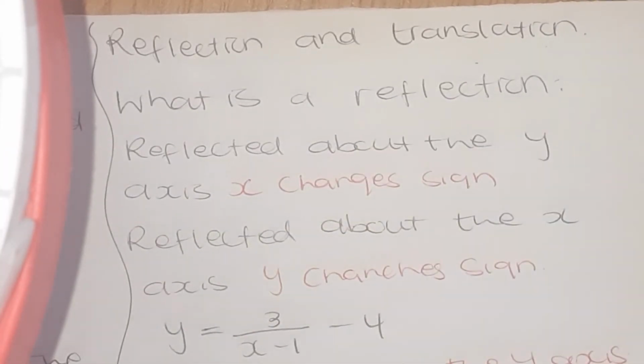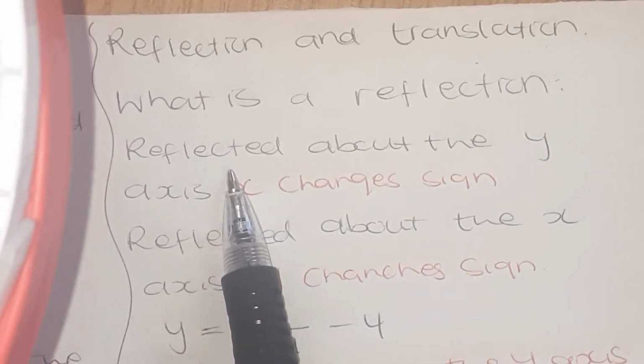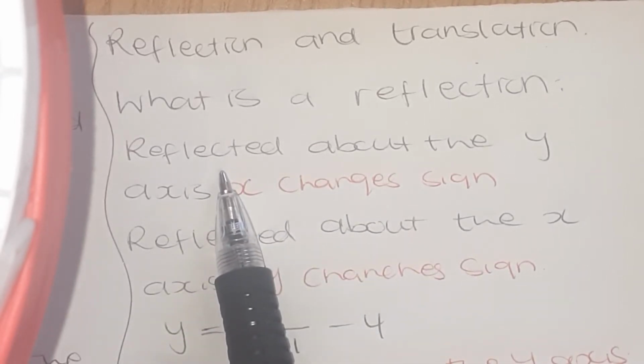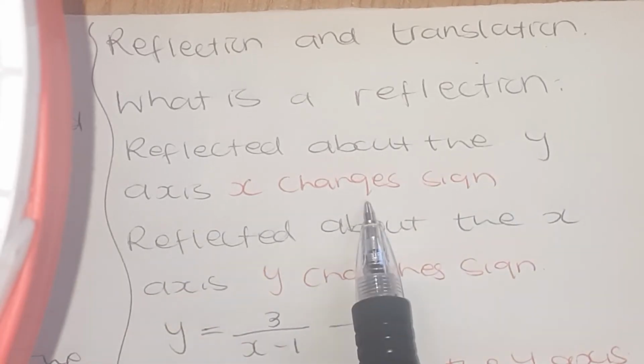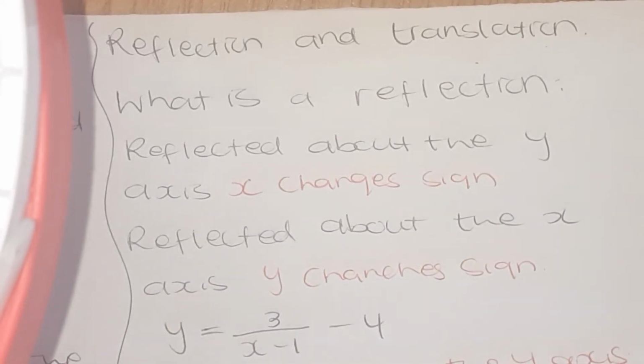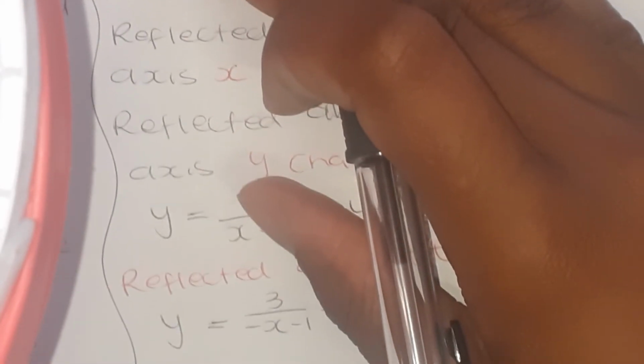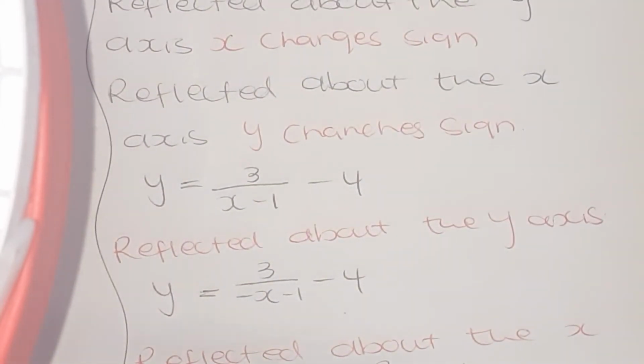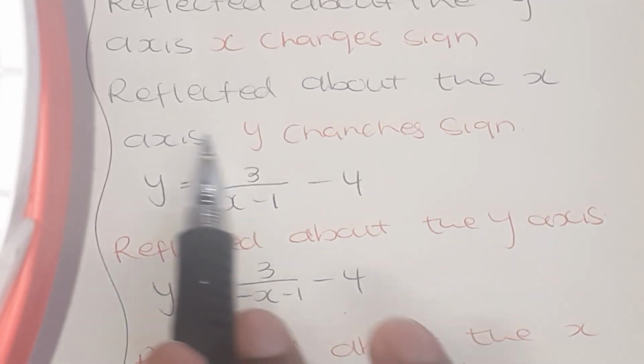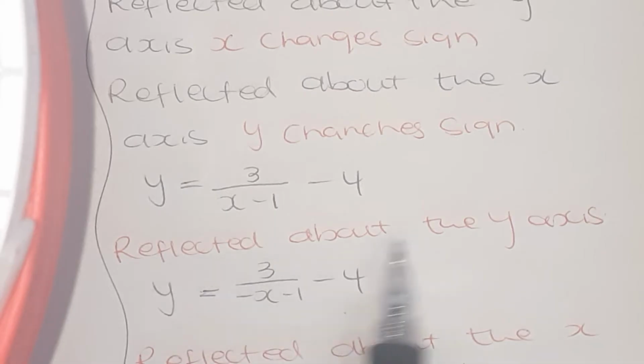What is a reflection? When the question says reflect about the y-axis, you reflect about the y-axis. X changes the sign. How does x change the sign when you reflect about the y-axis? X becomes negative. This is how. Reflect about the y. This is the equation. You are asked to reflect about the y-axis, so you just write the equation, but you make x negative.